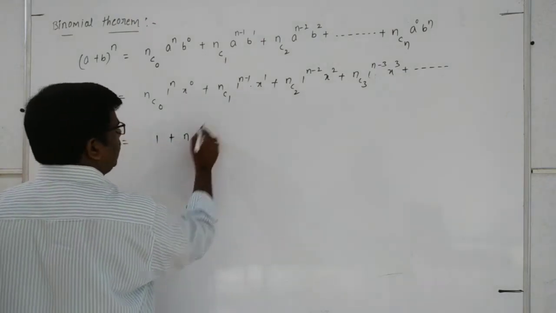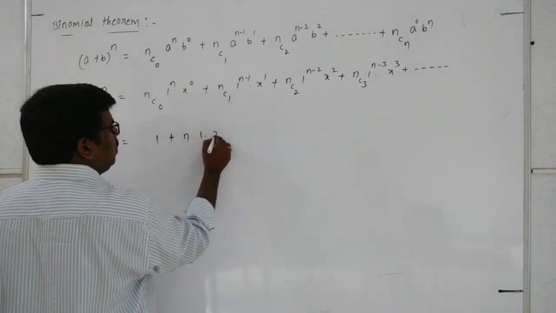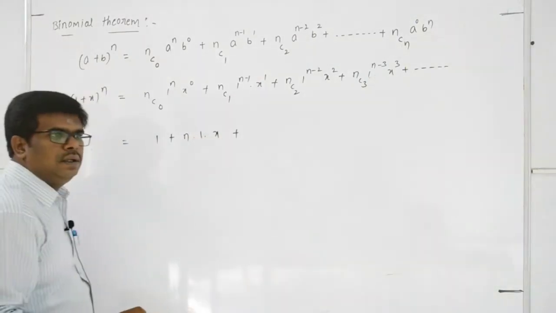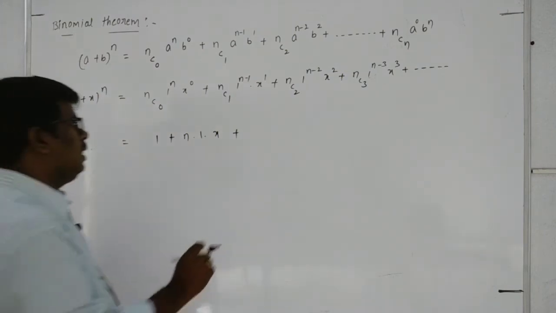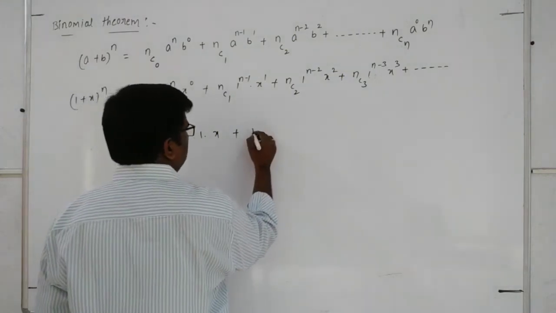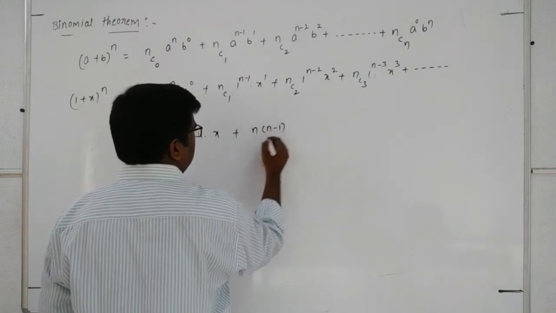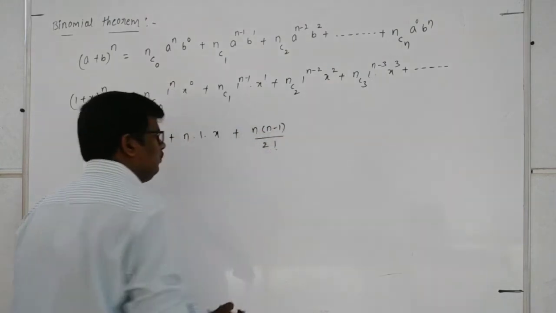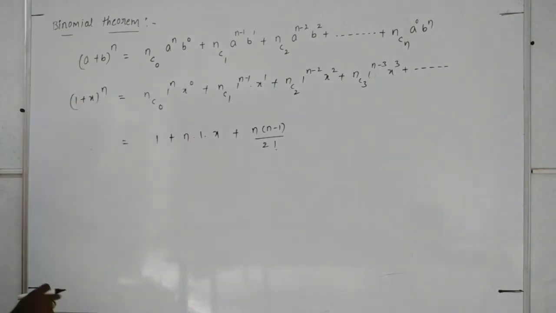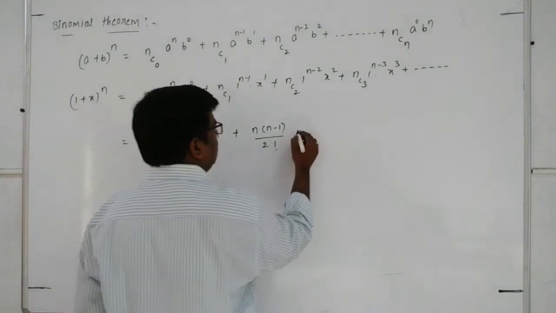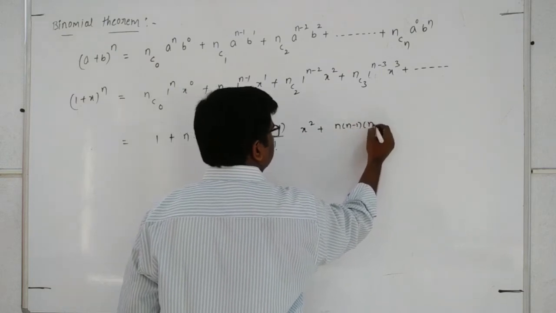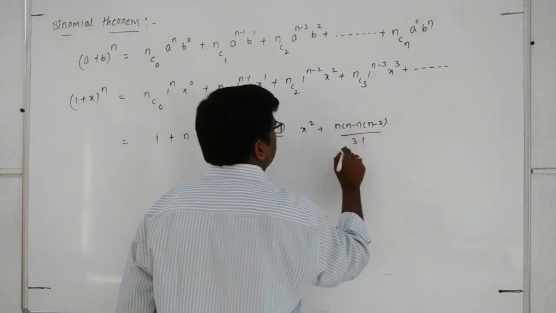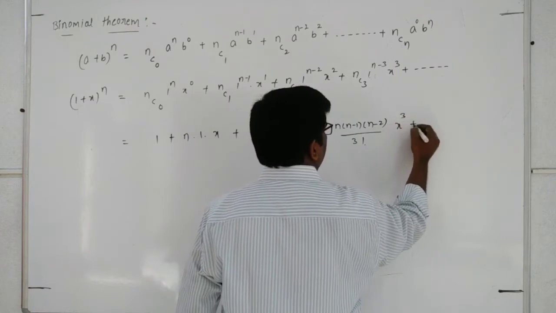So n into 1 into x, plus nC2. nC2 is n into (n minus 1) by 2 factorial, into x square, plus n into (n minus 1) into (n minus 2) by 3 factorial, into x cube, and so on.